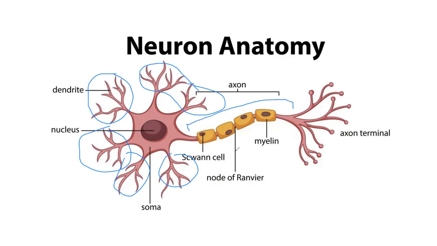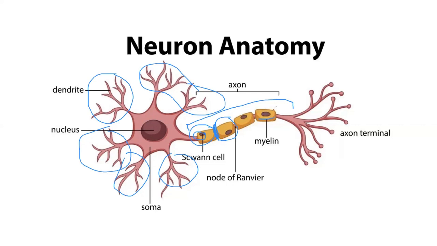Then in the axon, the gap between two units, this unit and this unit, is known as the node of Ranvier. And there are Schwann cells, and there is myelin sheath as well.